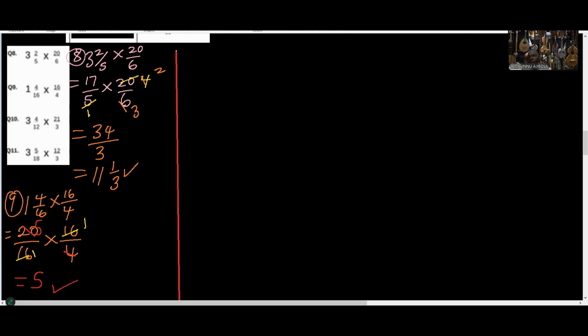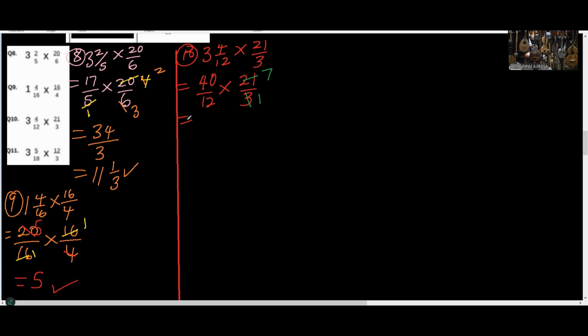And number 10, we have 3 whole 4 over 12 times 21 over 3. Bear in mind that 21 over 3 is 7. So 12 times 3 is 36. 36 plus 4 is what? 40 over 12 times 21 over 3. So what numbers can divide themselves? 3 here 1, 3 here 7.